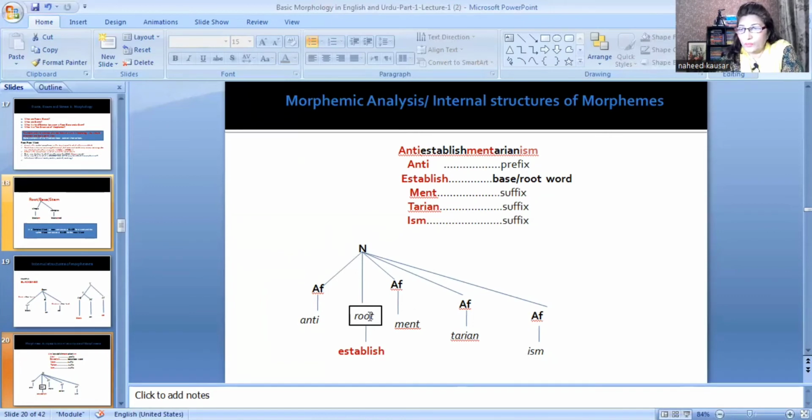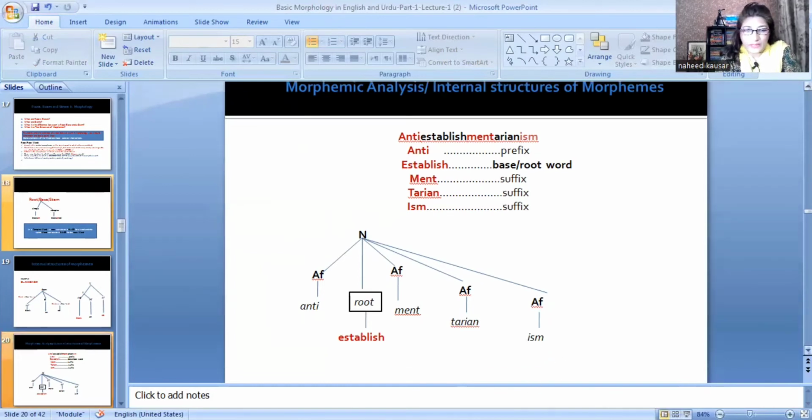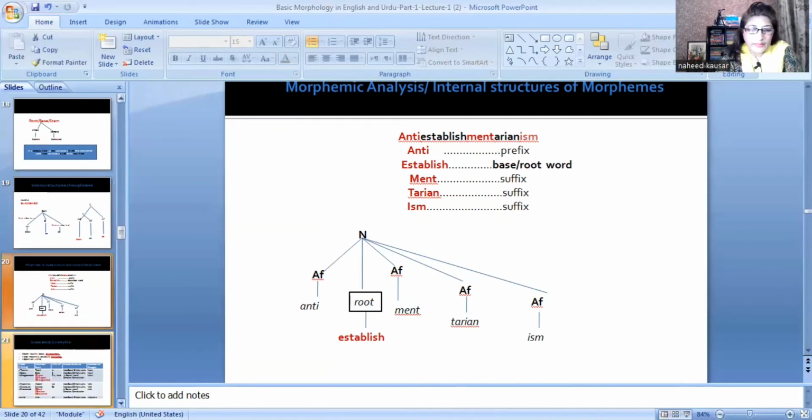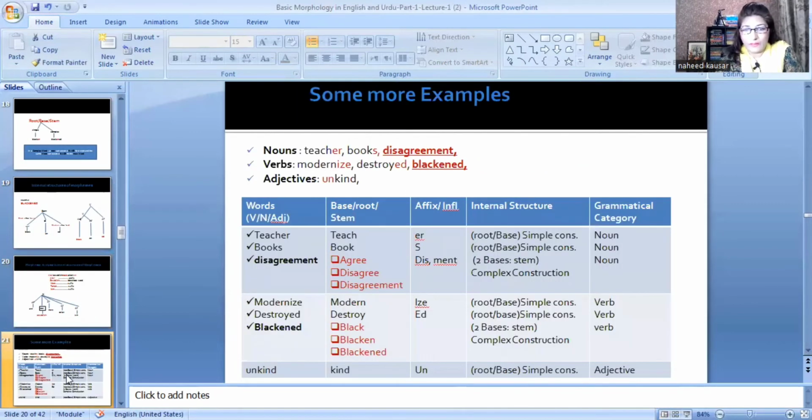But you can do the morphemic analysis by dividing them or cutting them into different components and categorizing them into inflections and affixes. So students, I guess that with this clear example, you would be able to do the morphemic analysis by yourself, taking certain examples, especially the examples of the complex words.